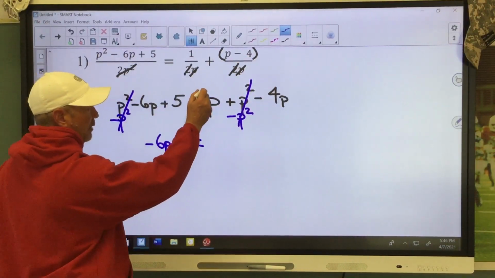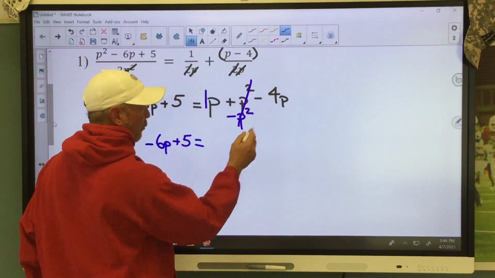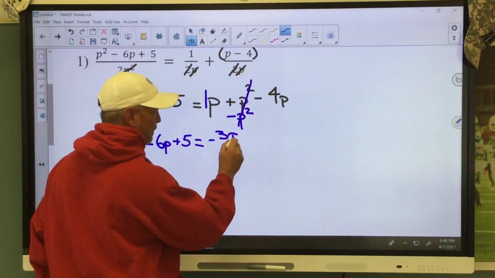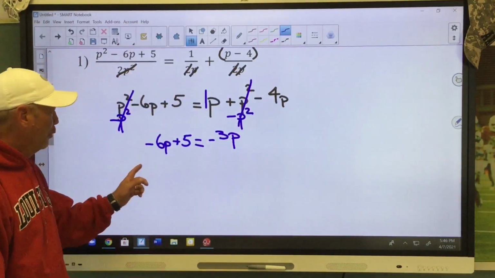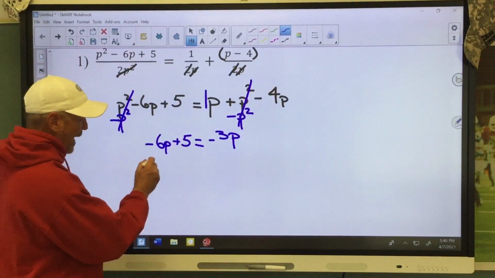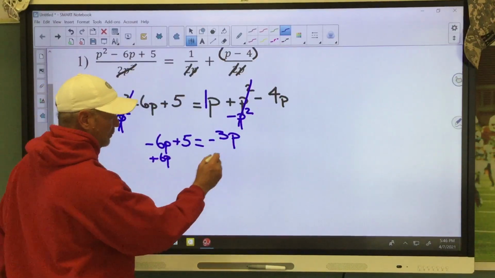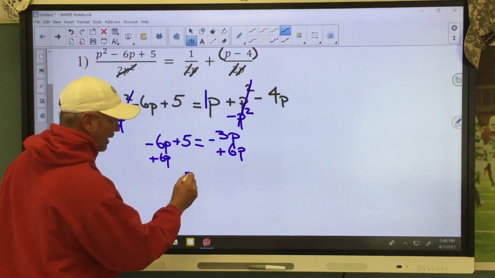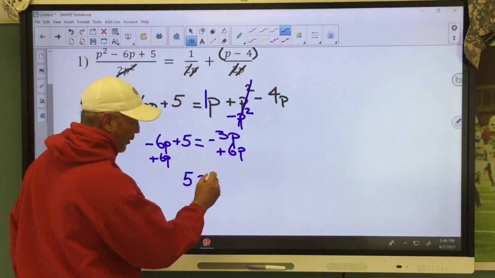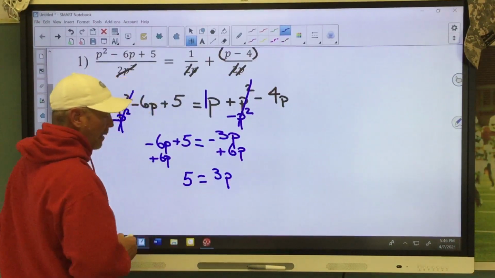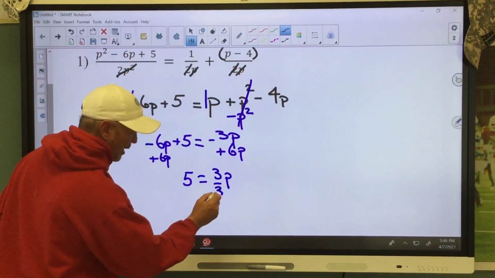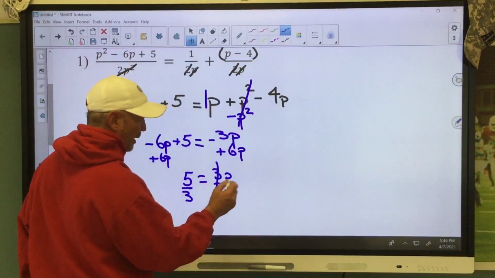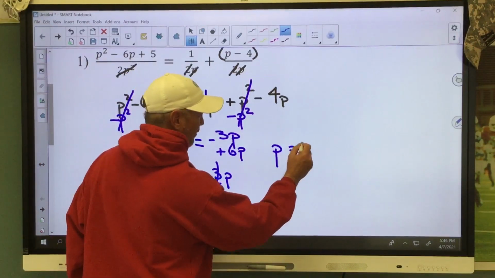I have a positive 1p, a negative 4p. That's going to give me a negative 3p. I move the 6p to the other side. I'm going to add 6p. I get 5 equals 3p. I divide by 3. And my answer is going to be p equals 5 over 3.